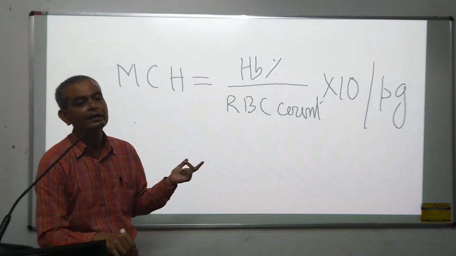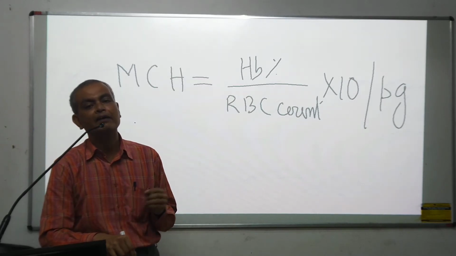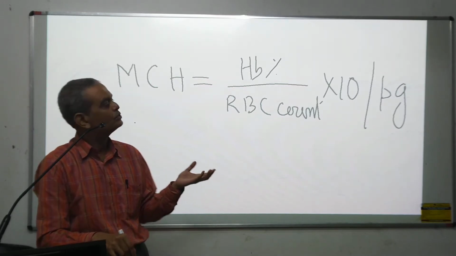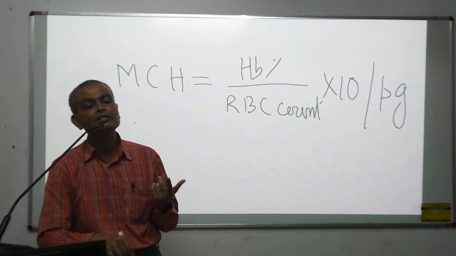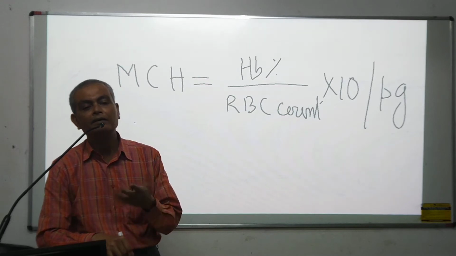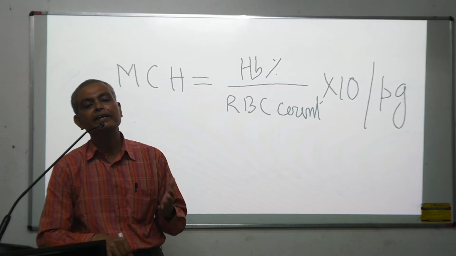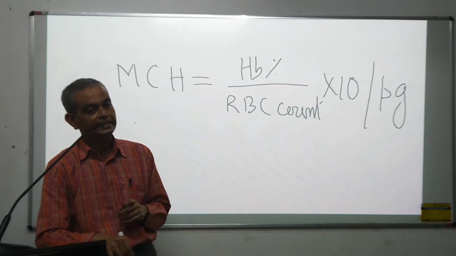So if you think, the hemoglobin percentage of an average normal adult is about 15 and the RBC in million is 5, so it will come around 30 picogram. So 27 to 33 picogram is the range.